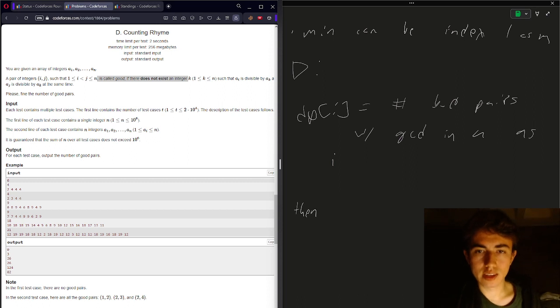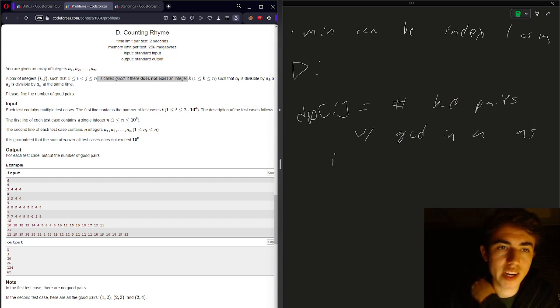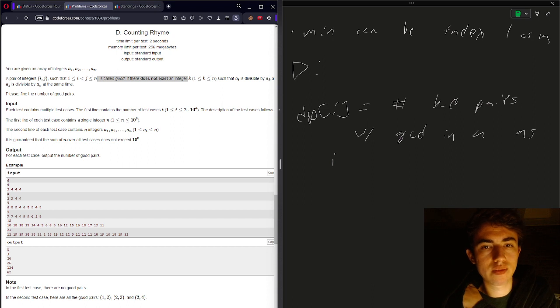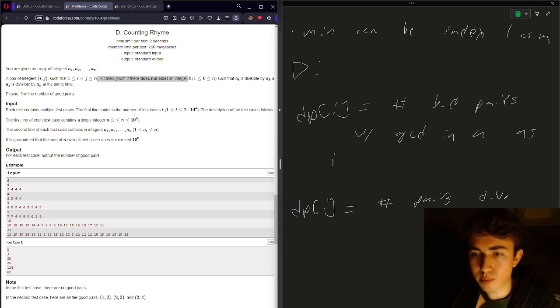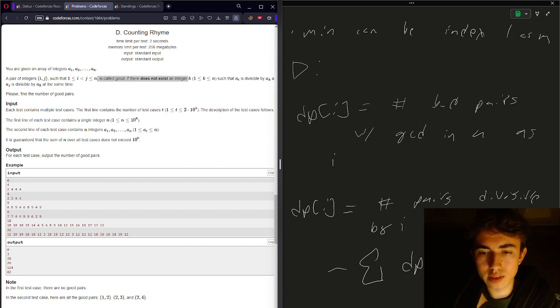Right, so dp of I is the number of bad pairs with the greatest value in A dividing both A of I and A of J being I. Now we say dp of I equal to the number of pairs divisible by I, minus dp of x times I. Right?